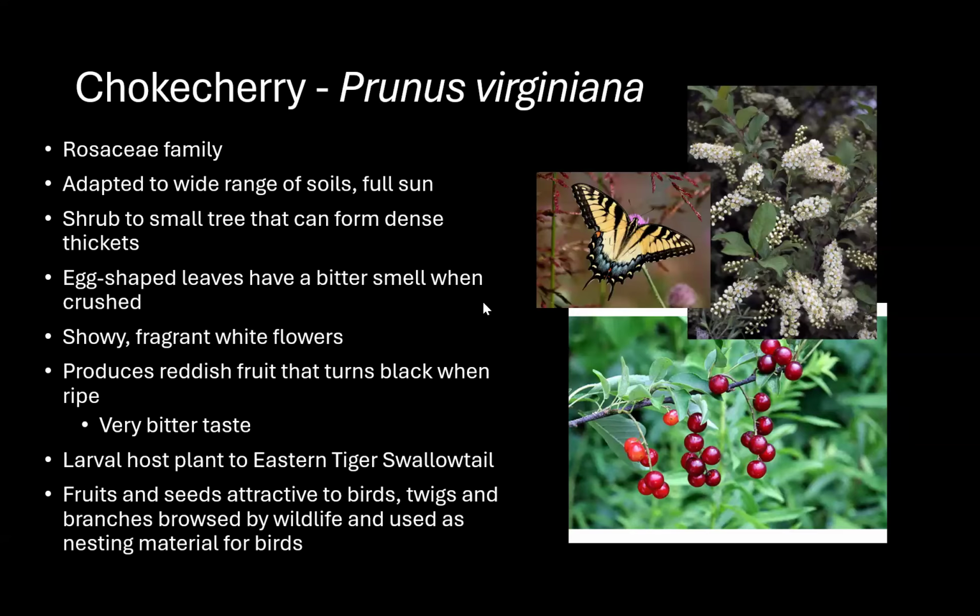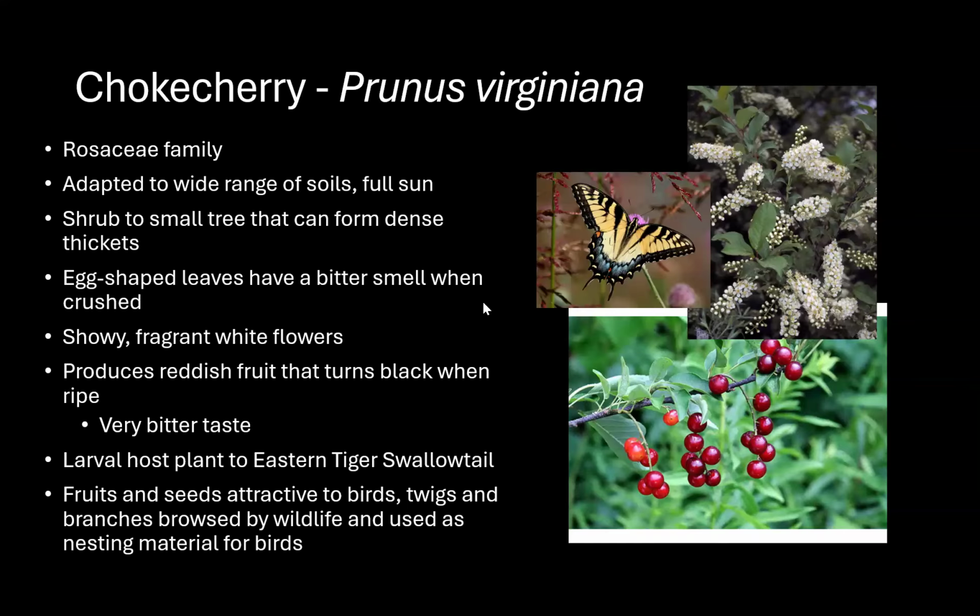Now, with that said, wildlife, birds actually like this. So again, we're talking about birds; they can stomach this better than people or even other wildlife can. So they're going to be eating the fruits and seeds of the chokecherry.